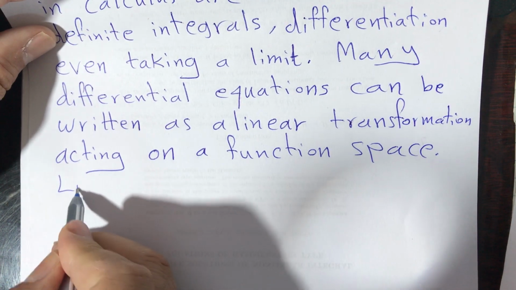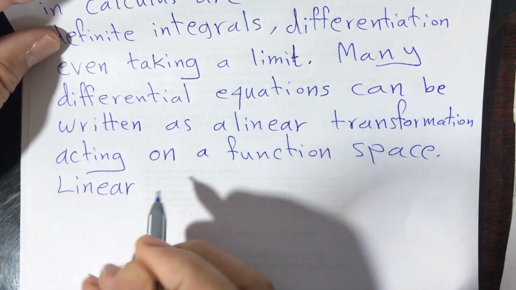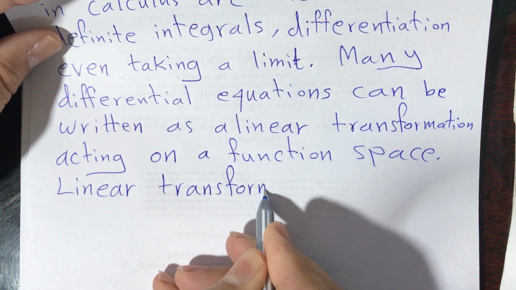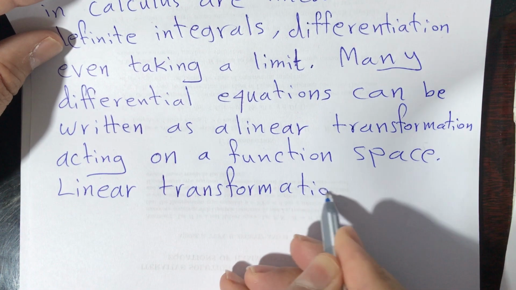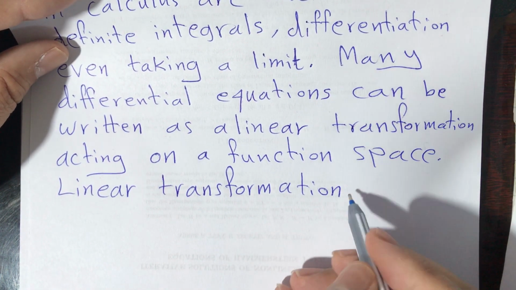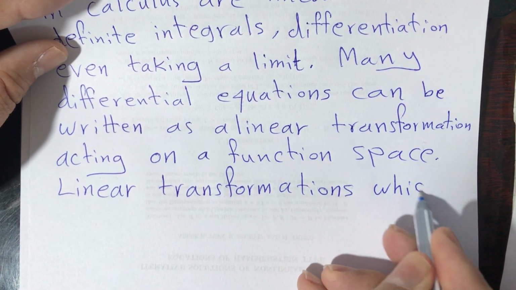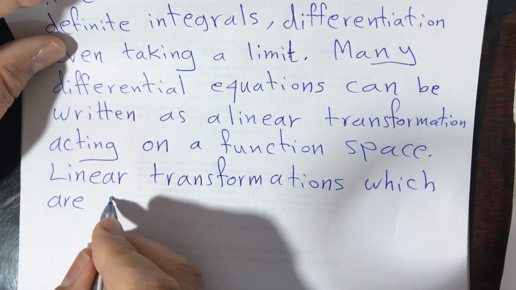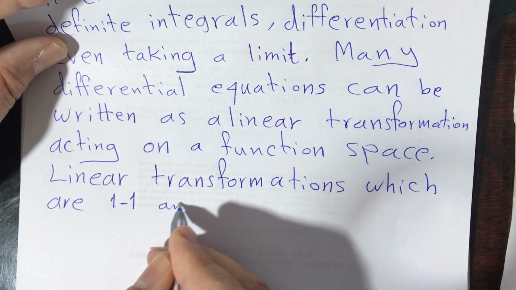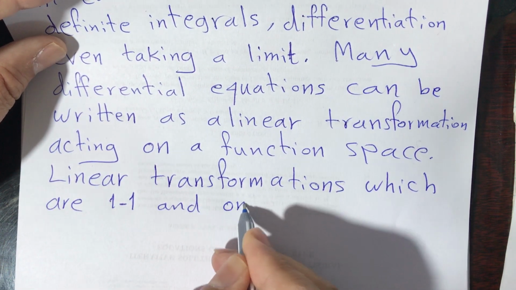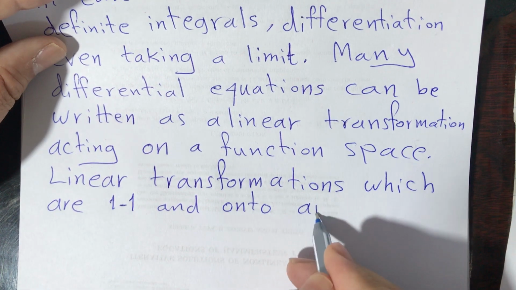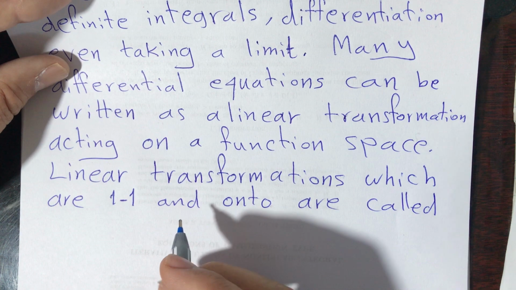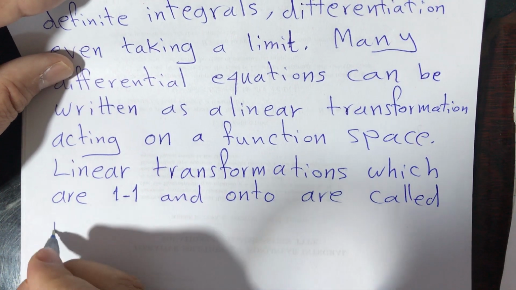Linear transformations which are one-to-one and onto are called isomorphisms.